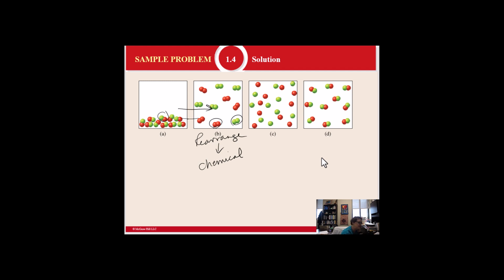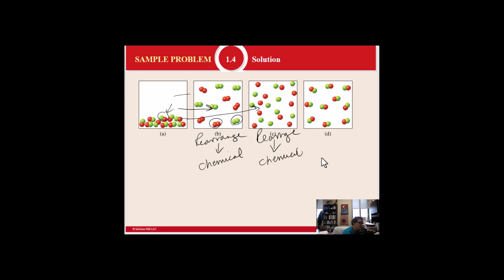In this next one, it's also a chemical change, okay, because what I've done is I've taken where I had the red and the green hooked together, I have unhooked everything, and so everything is by itself, okay? So I have, again, rearranged, changed the identity, and so that's a chemical change.